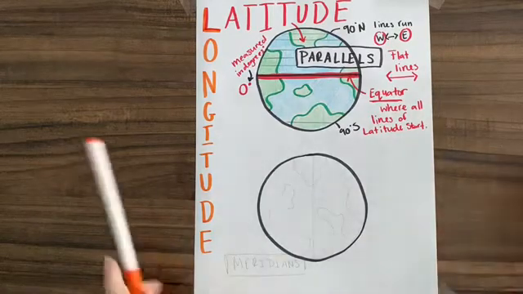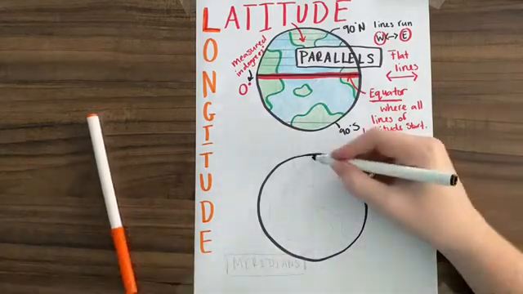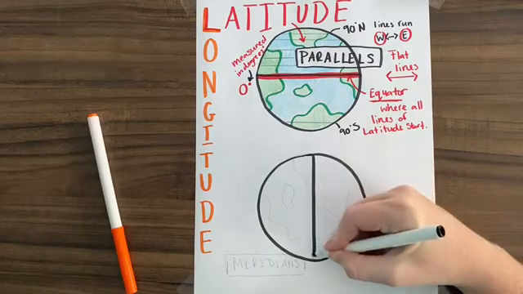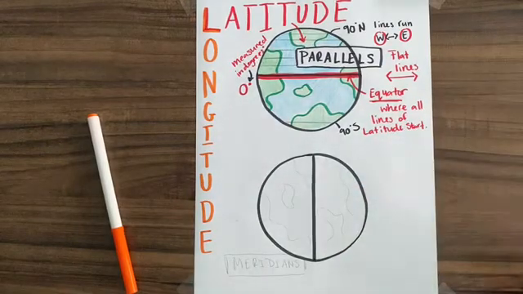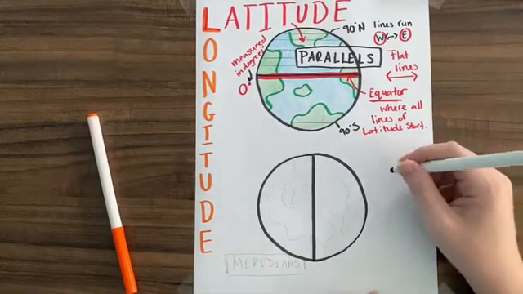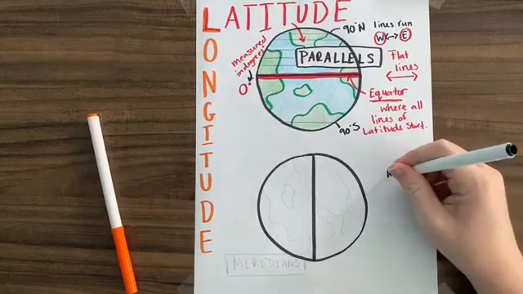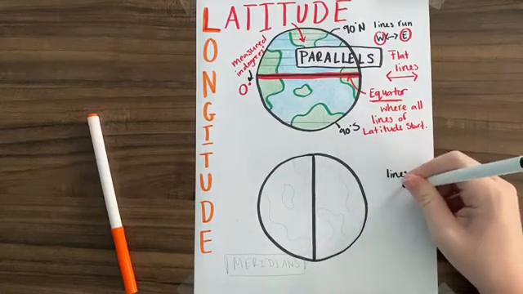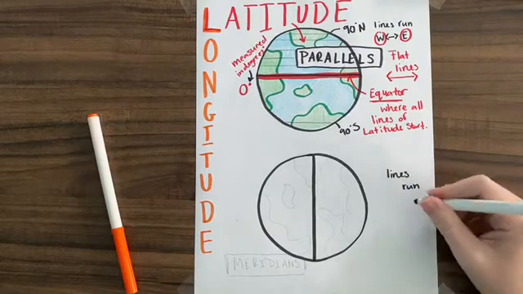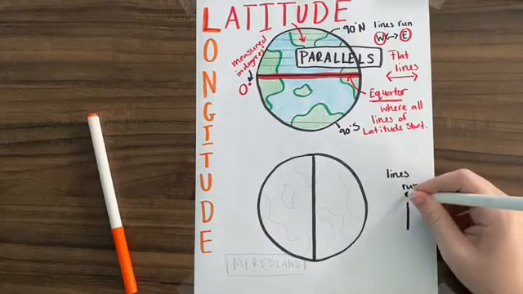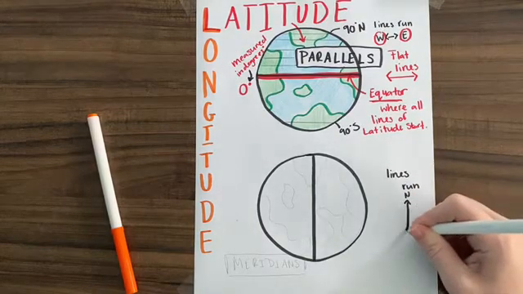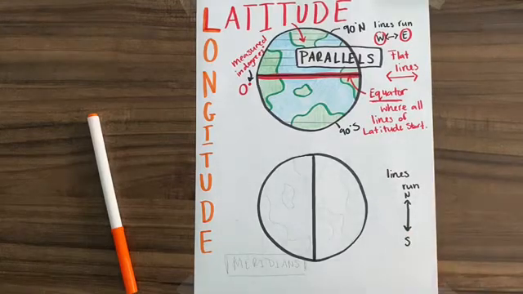If you guessed that it was because the lines go down the earth, you would be correct. So these lines run north to south.